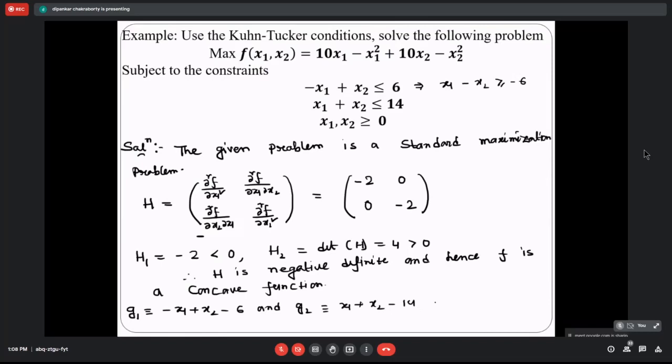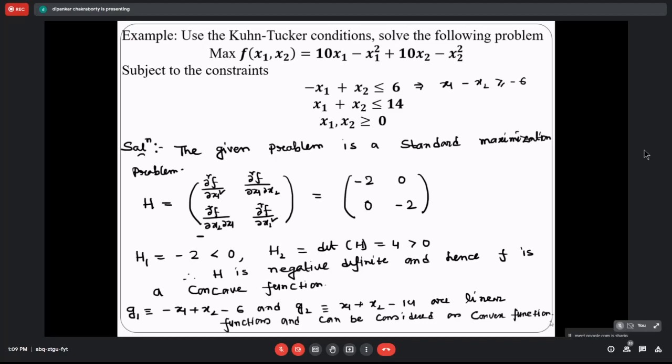So g1 and g2, x1 plus x2 minus 14, are linear functions and can be considered as convex functions.